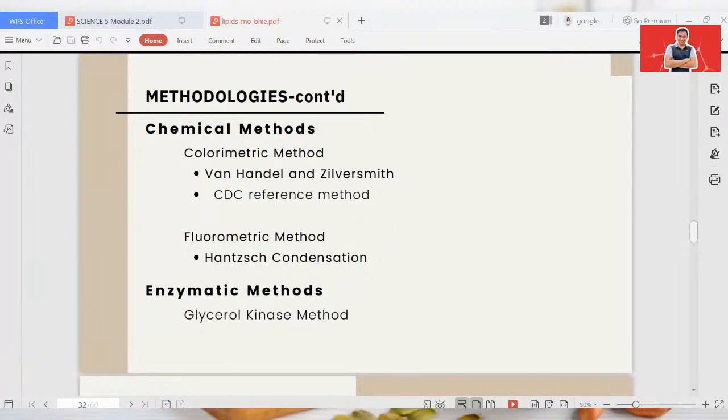Triglycerides are then saponified with alcoholic KOH, which results in the hydrolysis of triglycerols to glycerol and fatty acids. Glycerol is then oxidized with periodic acid to produce formaldehyde, which is then treated with a sulfuric acid solution of chromotropic acid to form a blue-colored compound. So the result of Van Handel and Silversmith is blue.